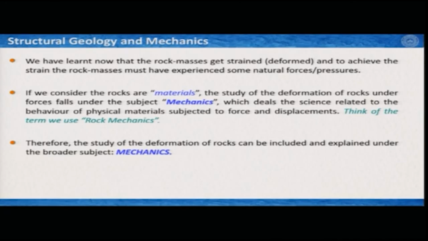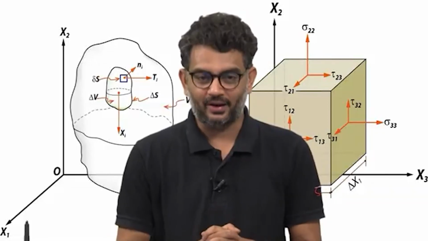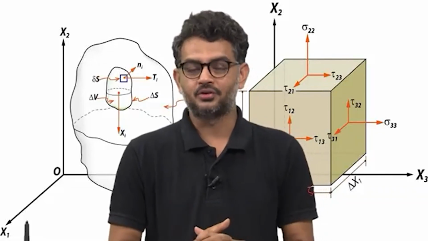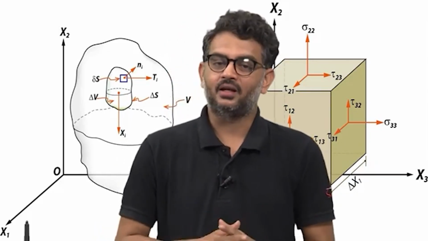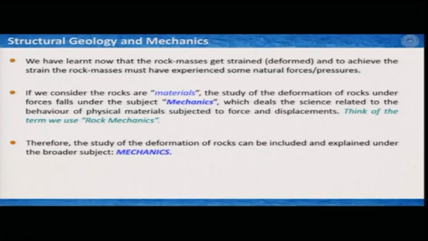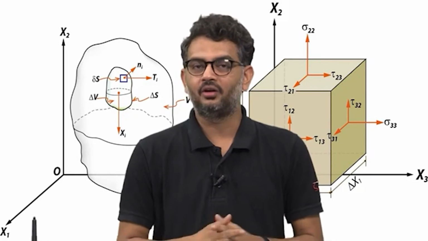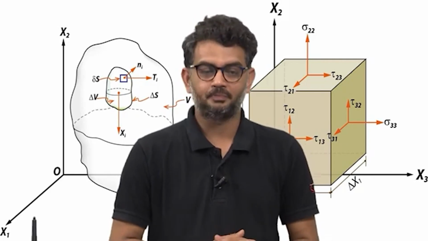So, if we consider rocks as our materials, then we have learned that these rock materials do get strained because of some sort of forces and pressures. And if so, then we can study the effect of forces and pressures on the rock materials under the broader umbrella of the subject mechanics, and we generally call it, I am sure you have heard this term, rock mechanics.